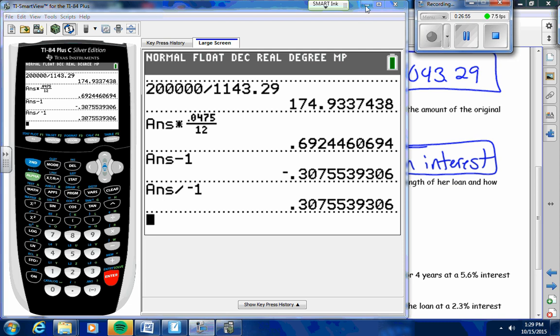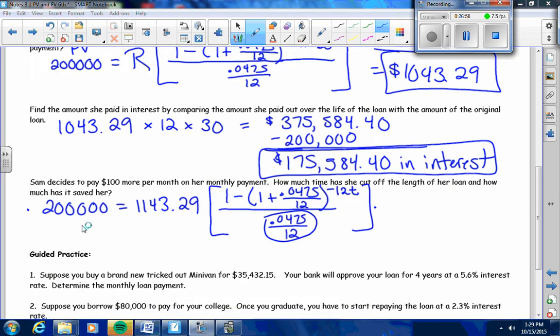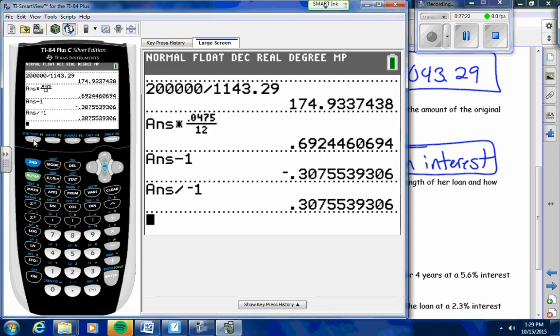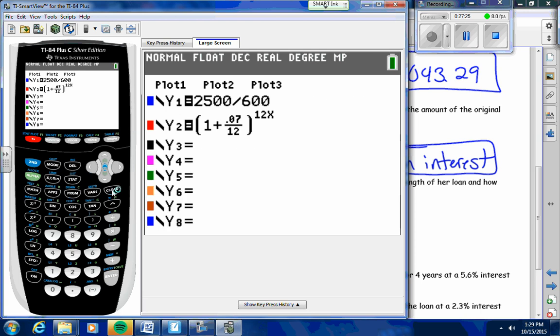So now I have that 0.30755 number is equal to this parentheses raised to the power, correct? All right, so the 0.307, we're going to plug that into y1, and we're going to plug the parentheses to the negative 12t power into y2, and we're going to find the point of intersection. The whole thing.